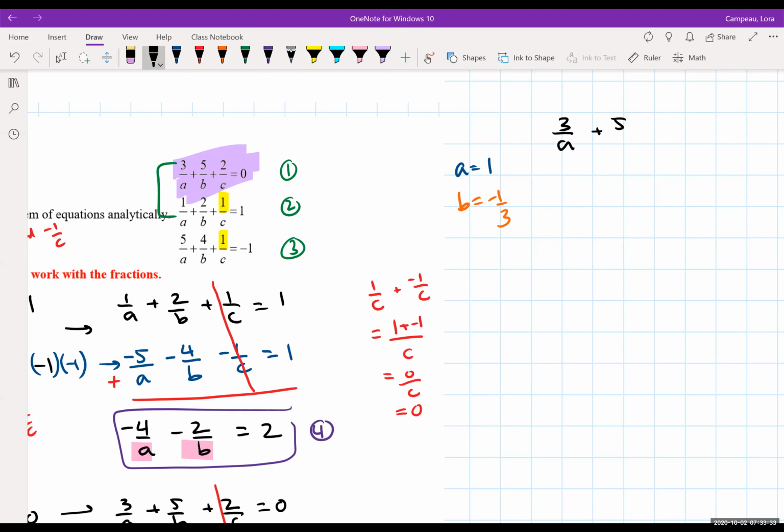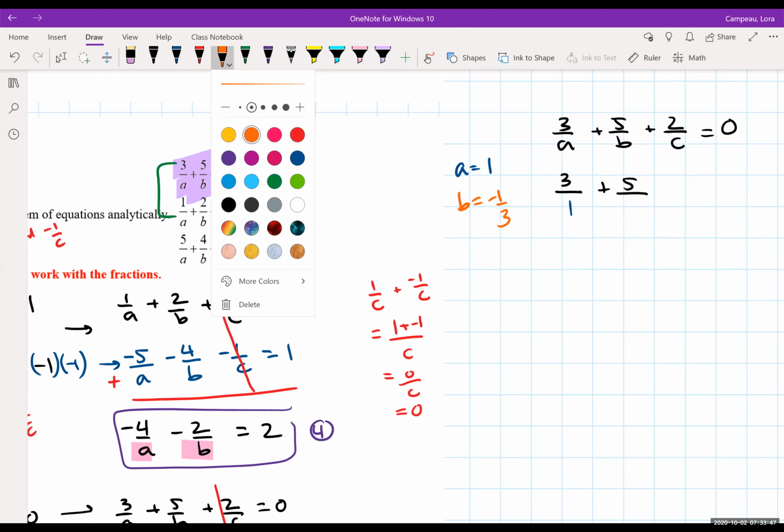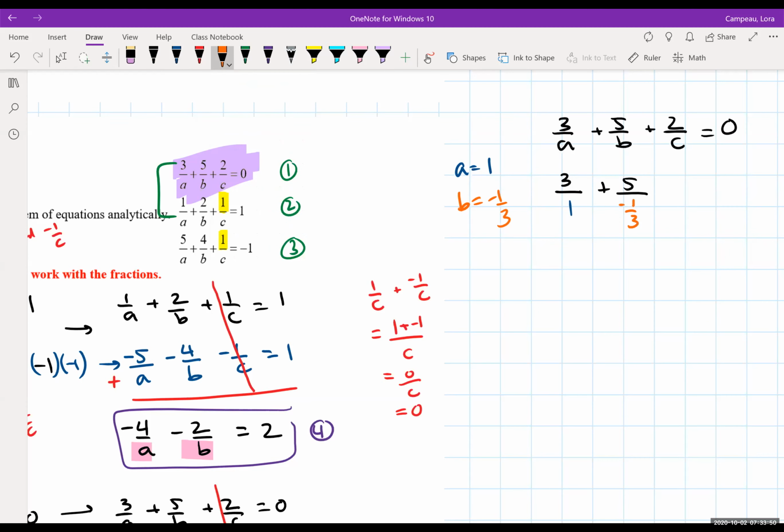So if I'm plugging this in, just make sure your eyes don't skip. That's why I like to write them right by what I'm plugging in. So if I'm plugging in for A, I should have 3/1 plus 5 over negative 1/3 plus 2 over C equals 0.